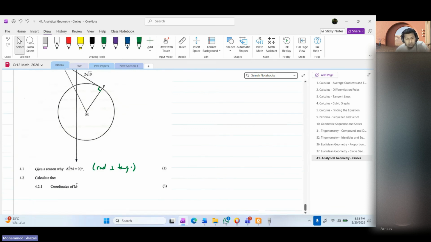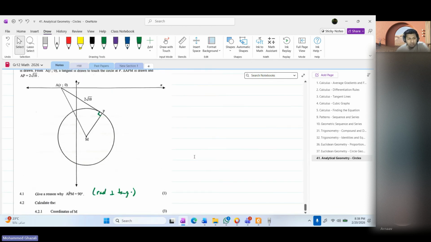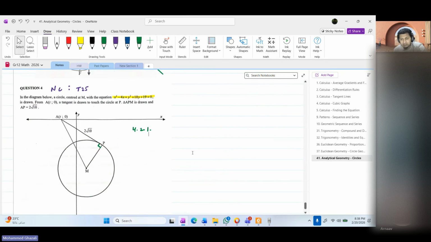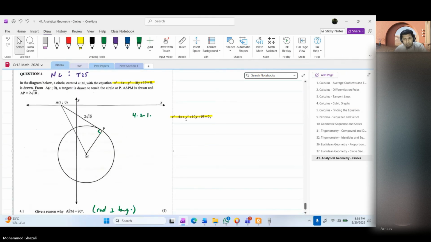Calculate the coordinates of M. Now, in order to calculate the coordinates of M, we have to complete the square, right? So 4.2.1. Look at the equation of the circle that's given. What we need to do is complete the square.